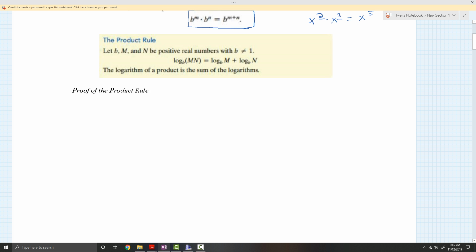That last statement. So what we can do is, let x equal log base b of m, and y equal log base b of n. From those two statements, I could rewrite each of those in its exponential form.